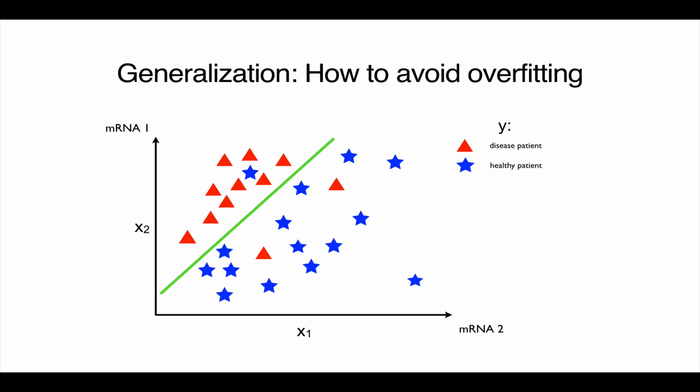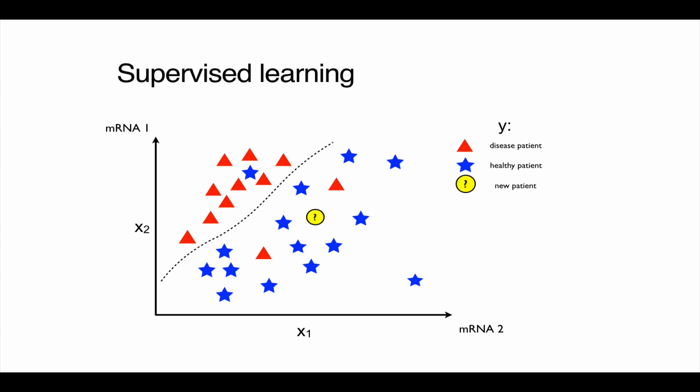In this particular example, we have a couple of patients that are wrongly classified by this green line, but the real test of this is how well this generalizes.